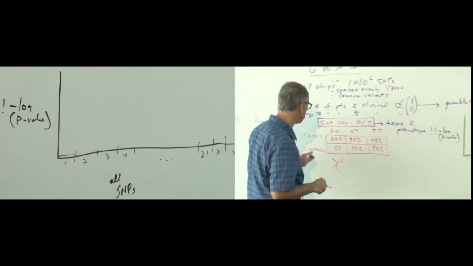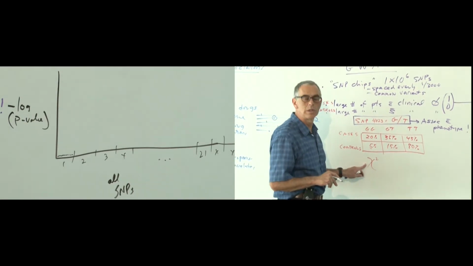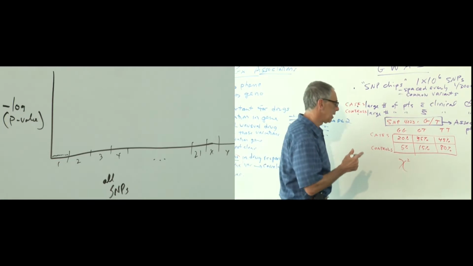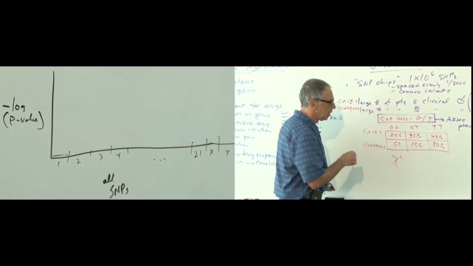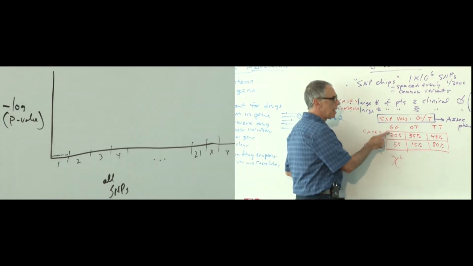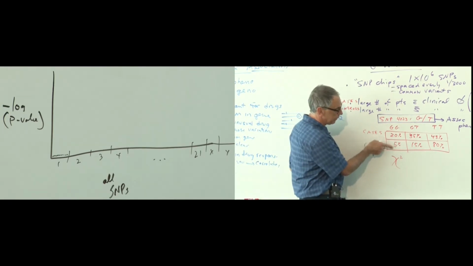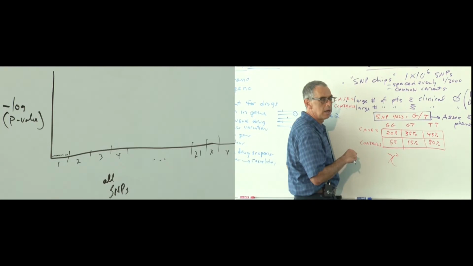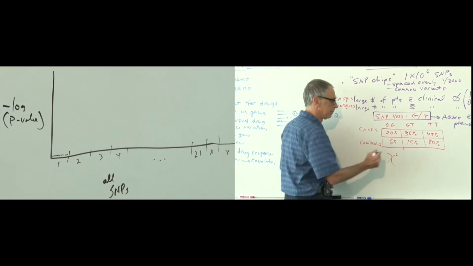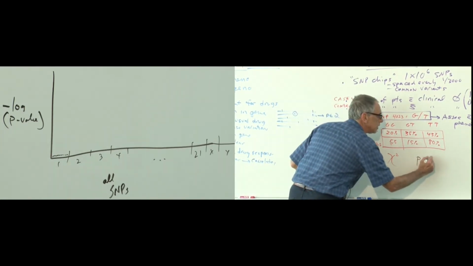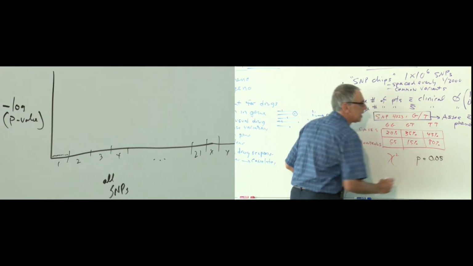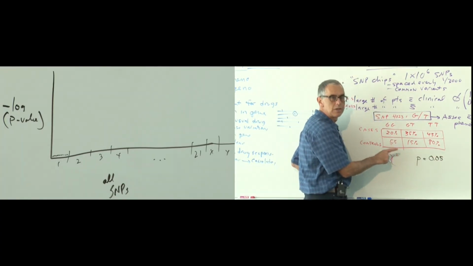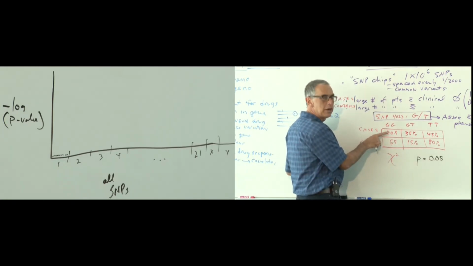So I didn't talk about this, but the chi-squared test will give you a p-value, which is the probability that the null hypothesis, which is that there's no difference between these, cannot be rejected. So if I have a p-value of 0.05, that means there's a 95% probability that you can reject the null hypothesis and that these truly are different.